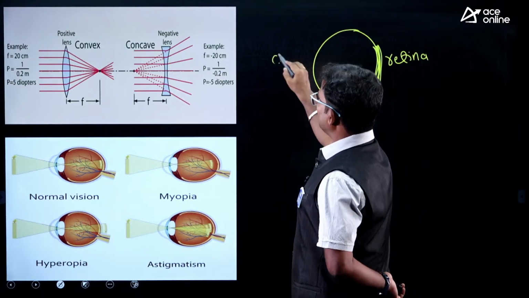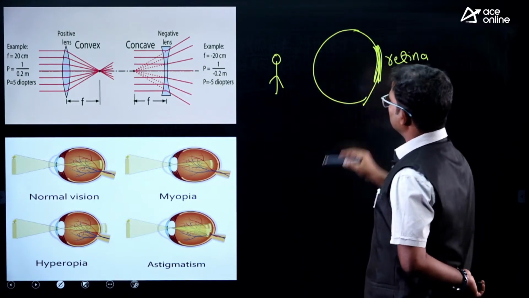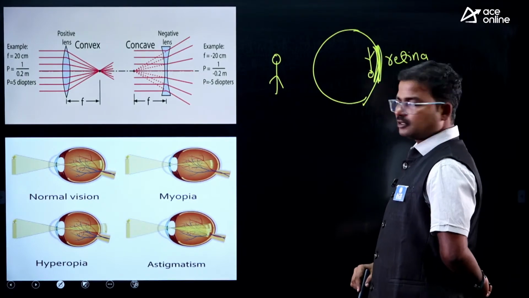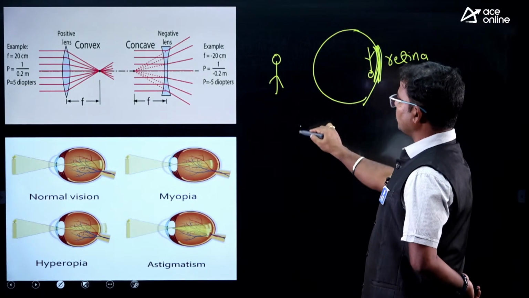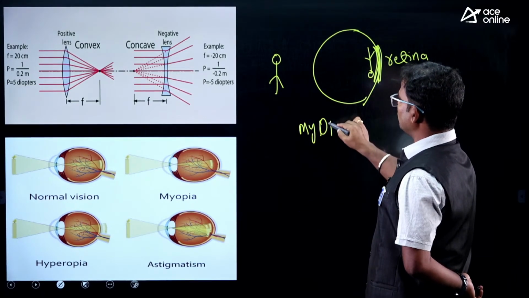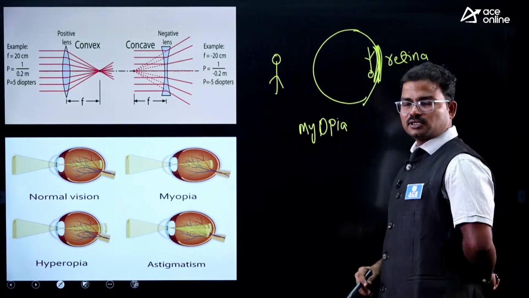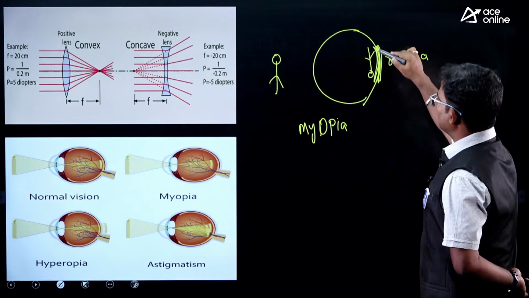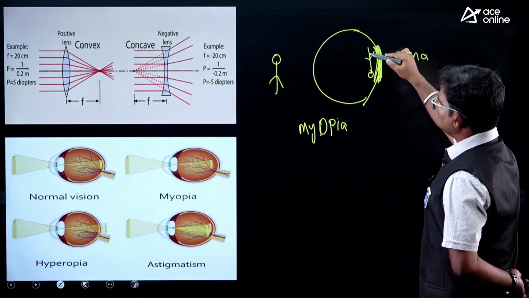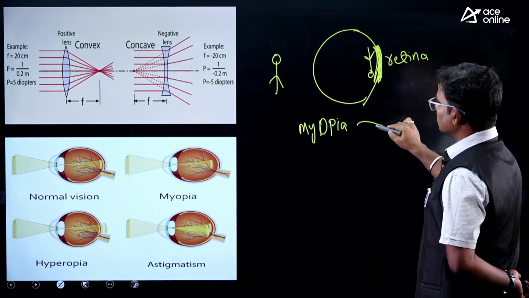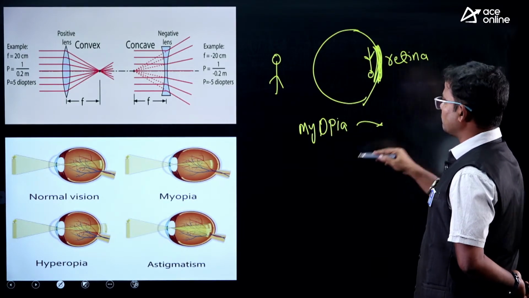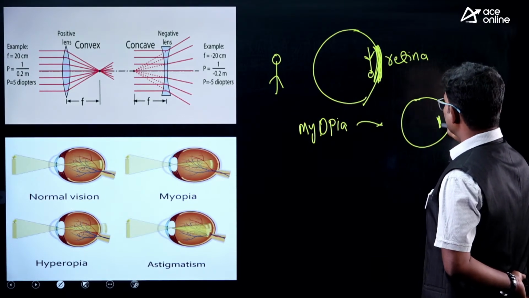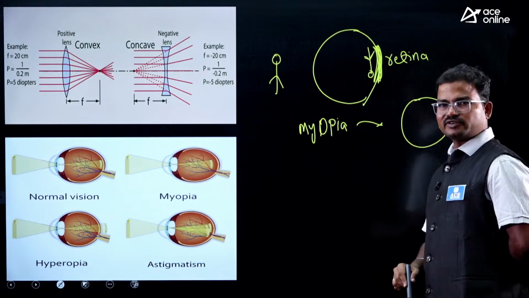If you consider an object, its image should always focus on the retina, in an inverted manner. But if anyone is facing myopia, meaning near objects are visible and far objects are not visible, the image is mostly focused before the retina.